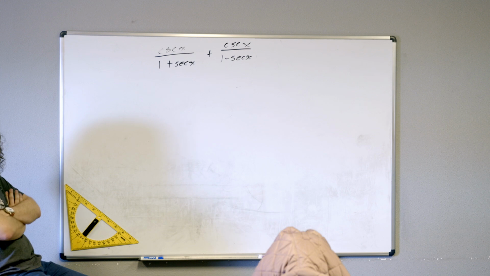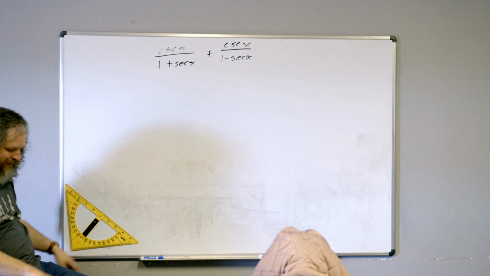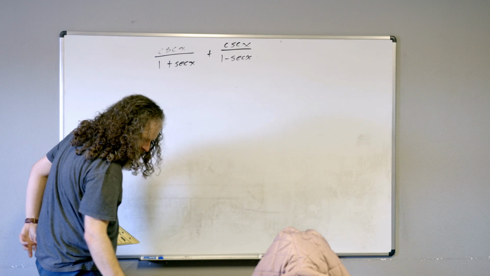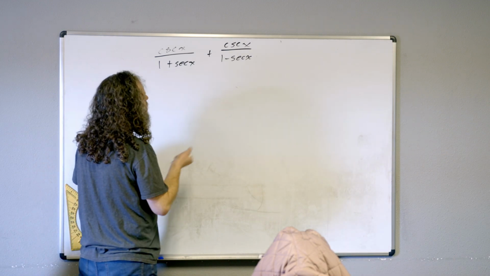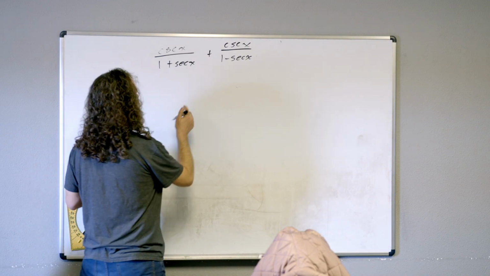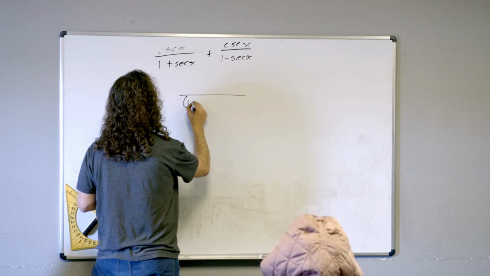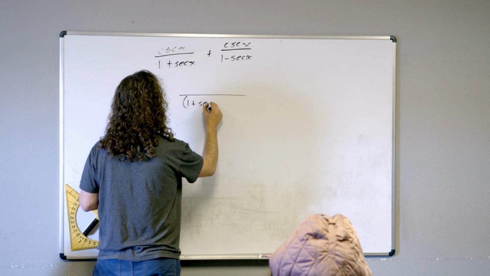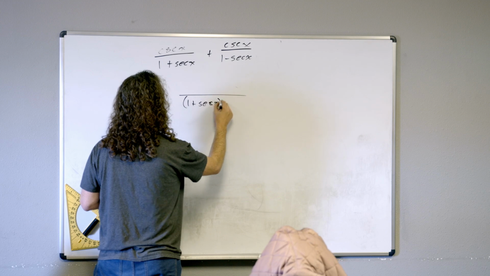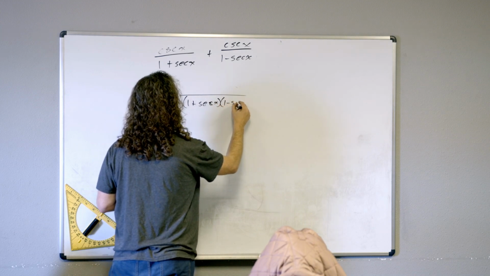So the common denominator would be 1 plus the secant of x times 1 minus the secant of x.